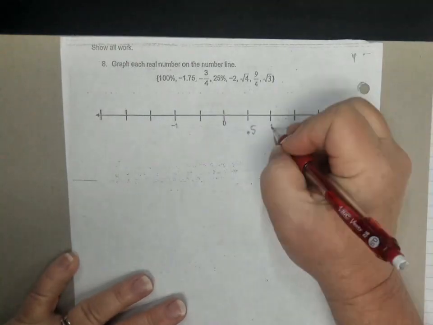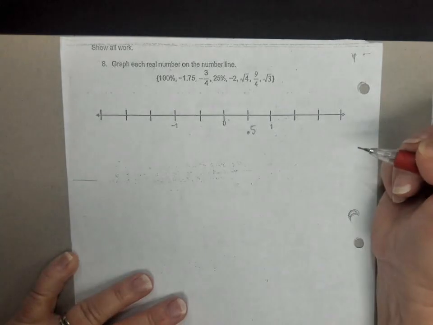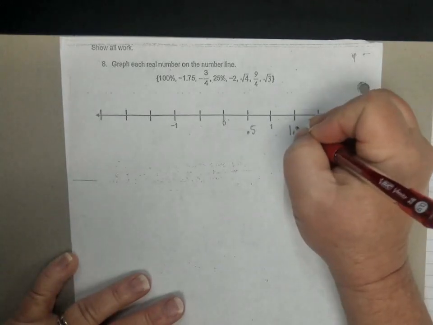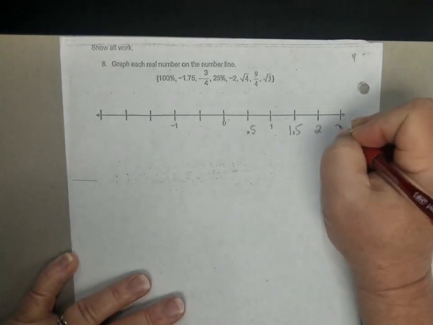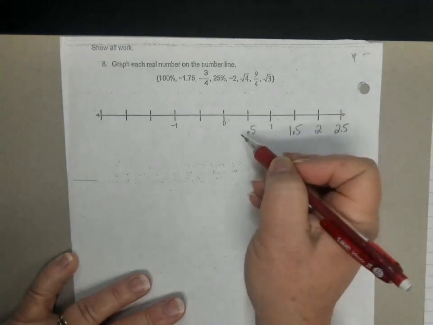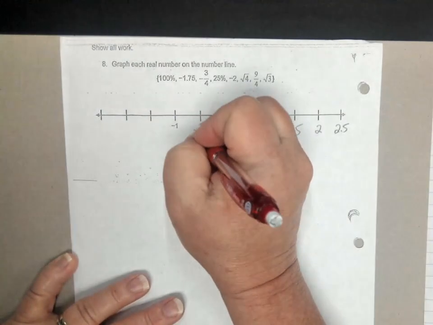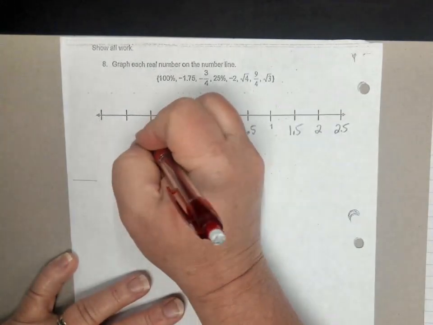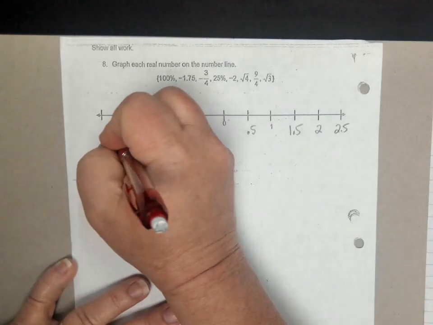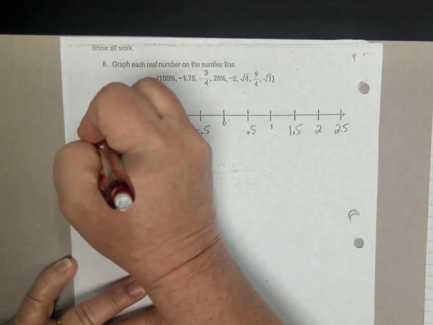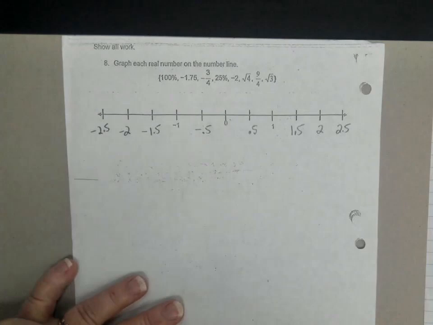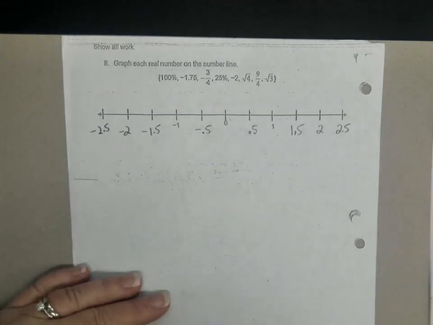Okay, so this tells me that my number line is going by 0.5. So this is 1.5, here's 2, here's 2.5. Going the opposite direction, it's -0.5, -1.5, -2, -2.5. Okay?